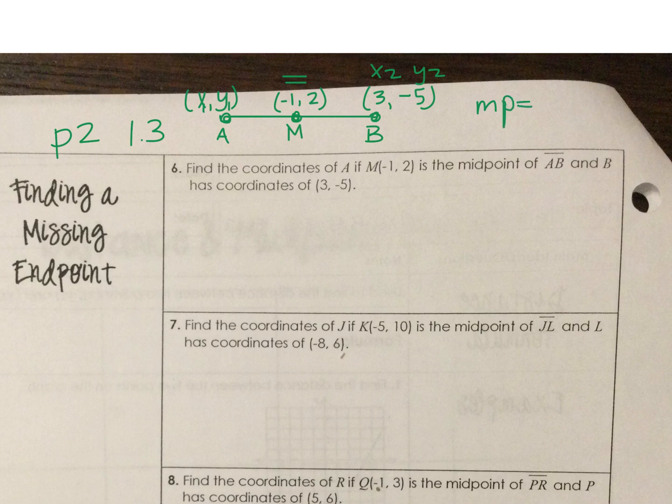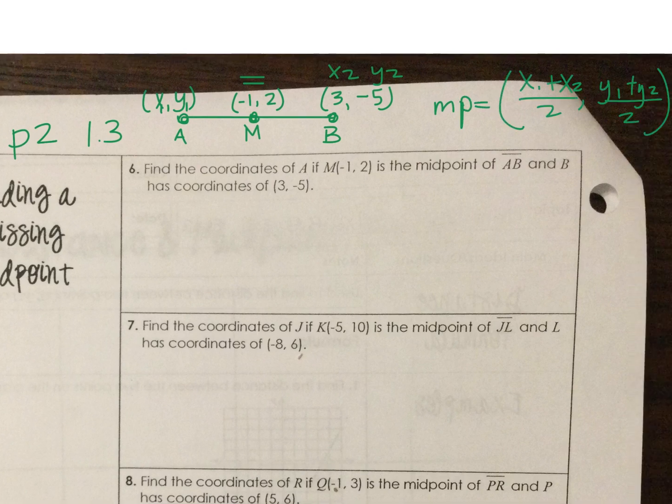Midpoint's going to equal. We're going to use that midpoint formula like we used yesterday. So I'm going to look at the information that I drew out, and we're going to figure out how to put things in. So first, let's work on the x's.